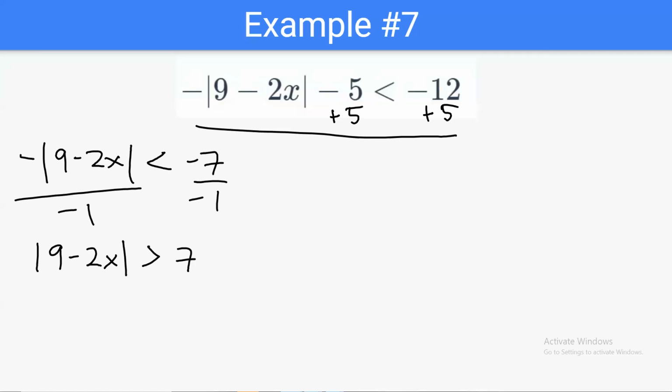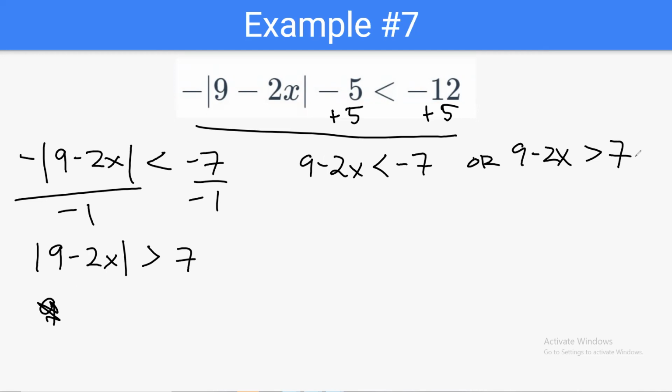And then next up, it's a greater than, right? It's an OR statement. So what I'm going to do here is put 9 minus 2x is less than negative 7, switch the signs, or 9 minus 2x is greater than 7.